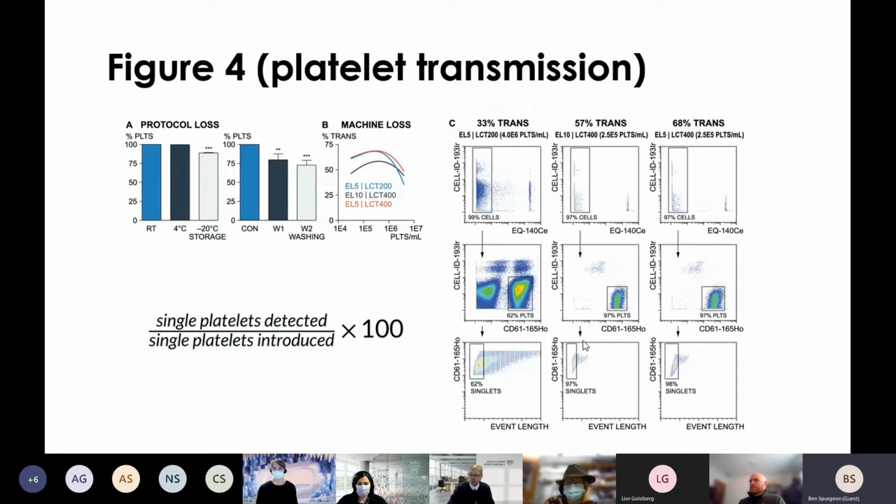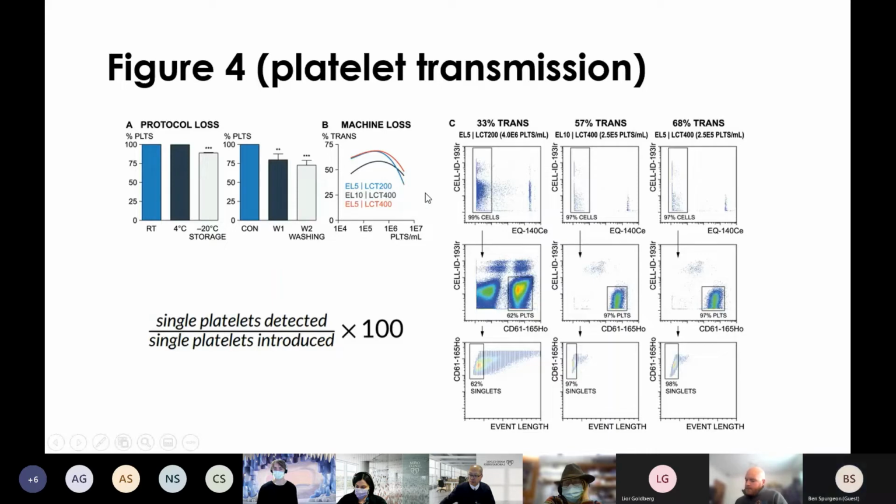And because we know the concentration of cells in the sample, and because we can acquire a specific volume of that sample, I think the flow rate is known to be 30 microliters per minute, we can therefore calculate the number of platelets that were introduced into the CyTOF instrument. And we can divide this number by the number of single platelets detected, and multiplying this by 100 gives us the transmission efficiency.